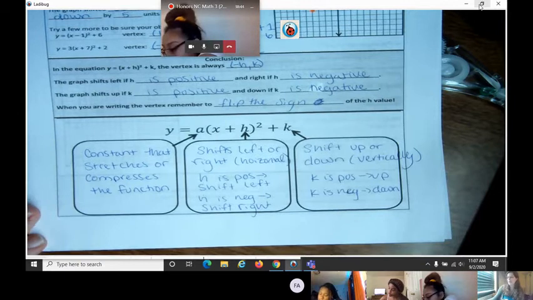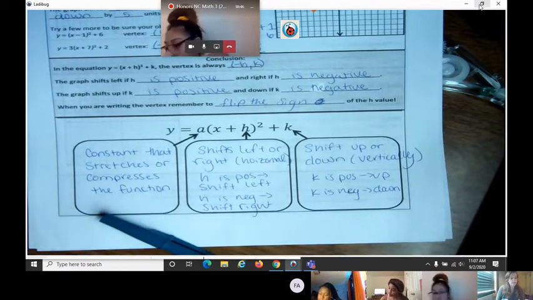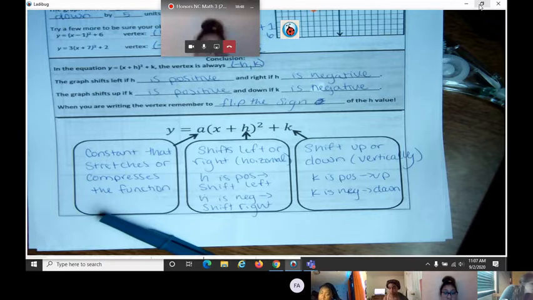Okay, so there are several of these, and you're just going to go through and write out what it asks you to in each one. So we just did the shifts. Next, you'll do stretches. Then the next two are kind of stretches and reflections.